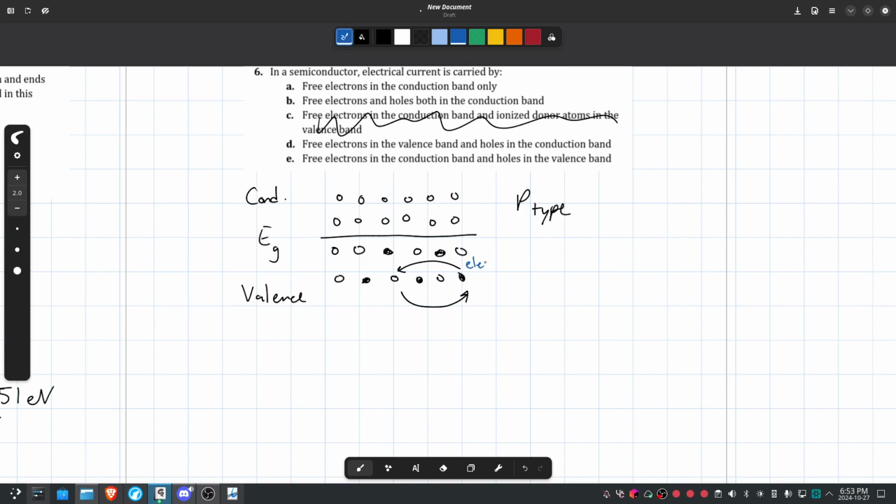So electron jump back, and the hole jump, in quotation, forward. Right? So we see that in a p-type semiconductor, holes conduct in the valence band, not the conduction band.